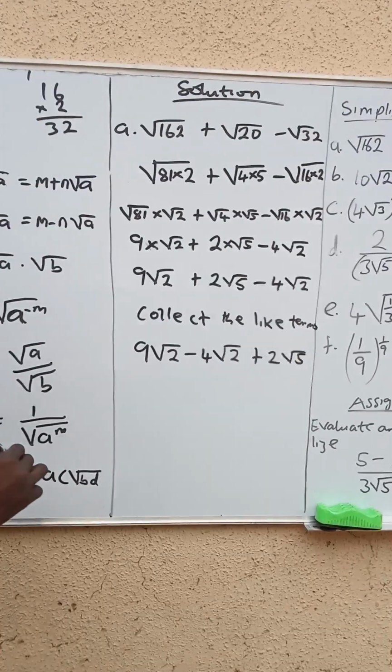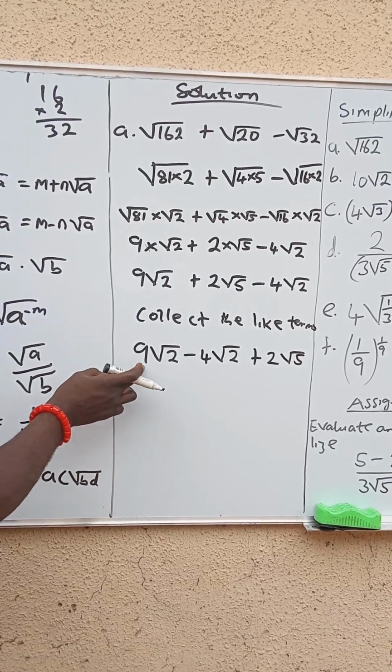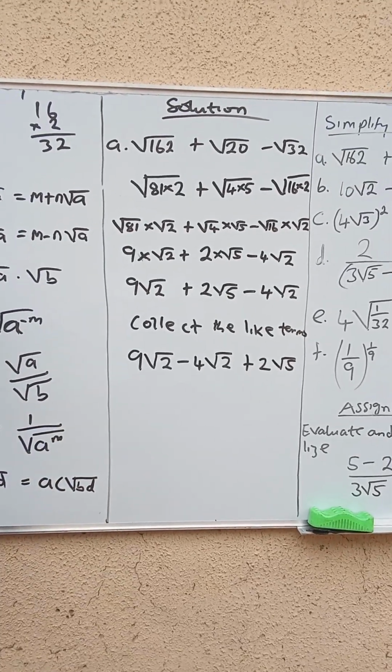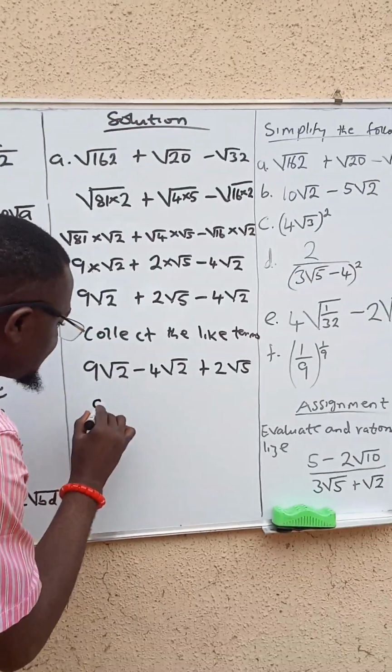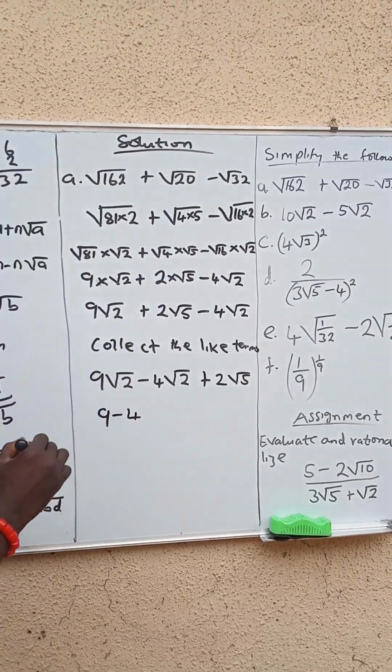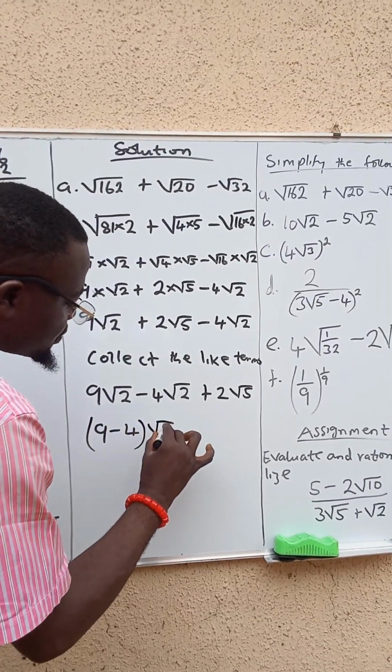Do you understand? From the law here, I can bring this together: 9 minus 4, right? I can bring this together, root 2.